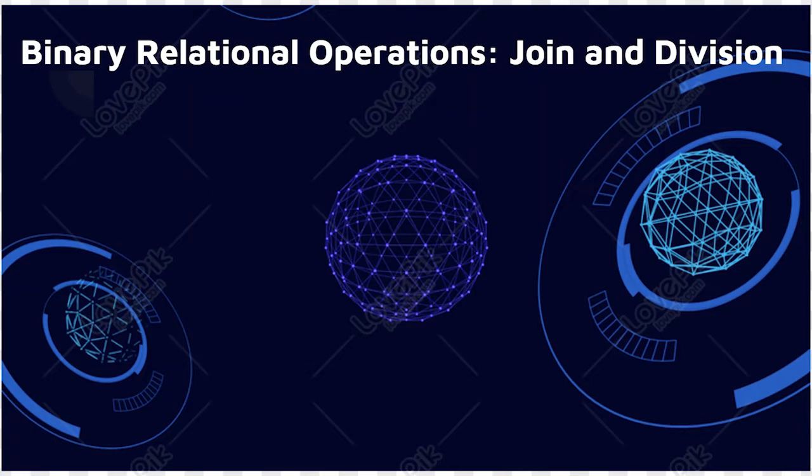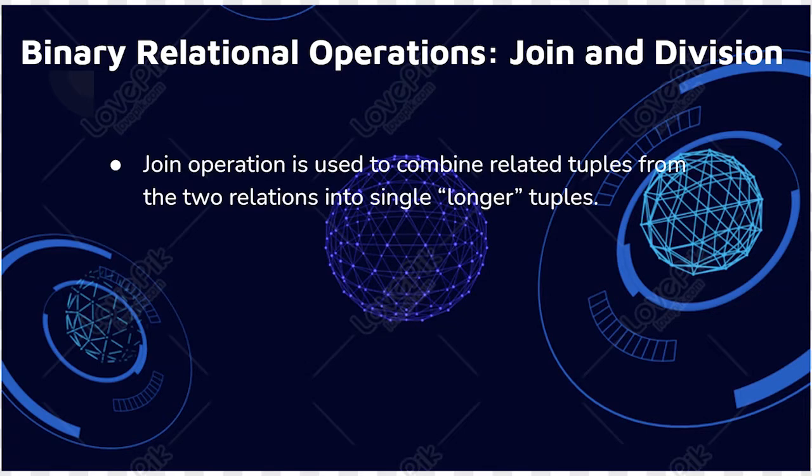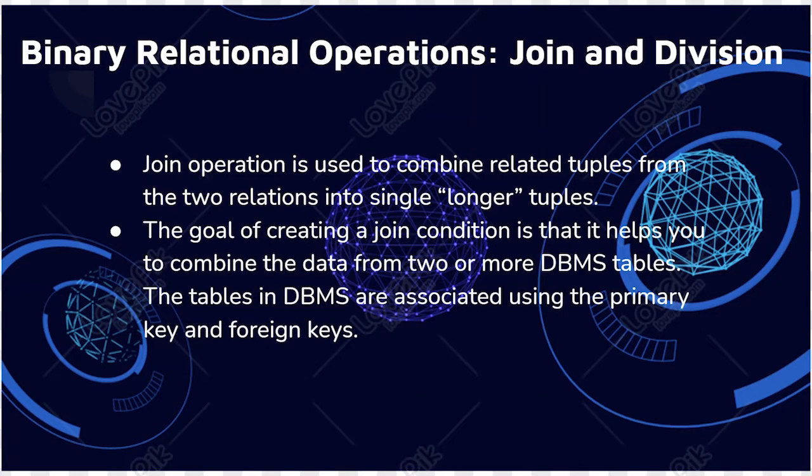Binary relational operations: join and division. The join operation is used to combine related tuples from two relations into single, longer tuples. This operation is very important for any relational database with more than a single relation because it allows us to process relationships among relations.